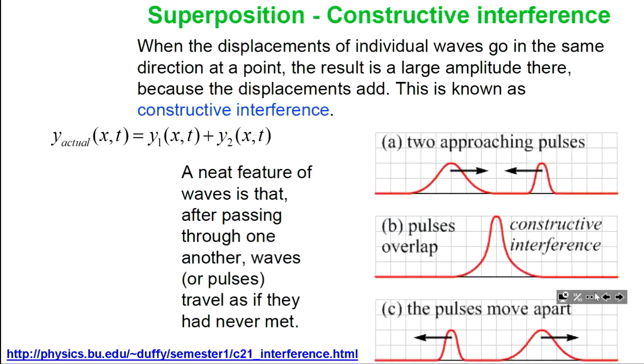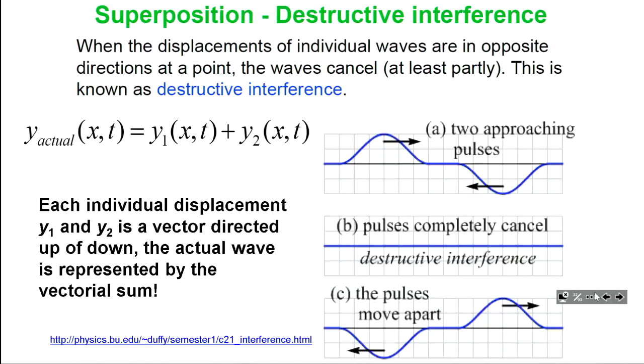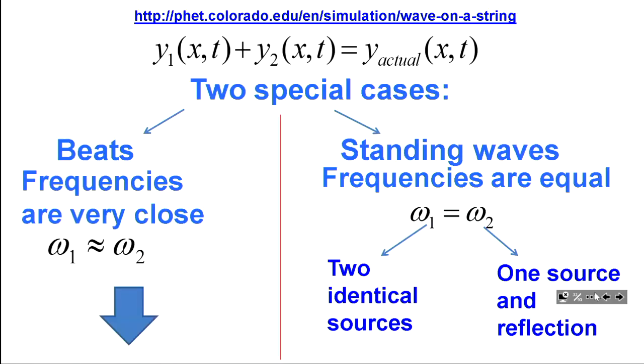Pictures, photographs from the applet, constructive interference, destructive interference. We have several special cases to discuss. Special case number 1, when interfering waves have different but very, very close frequencies, and a situation like that has a name, beats. Situation number 2, when waves have exactly the same frequencies and everything else is the same except direction.